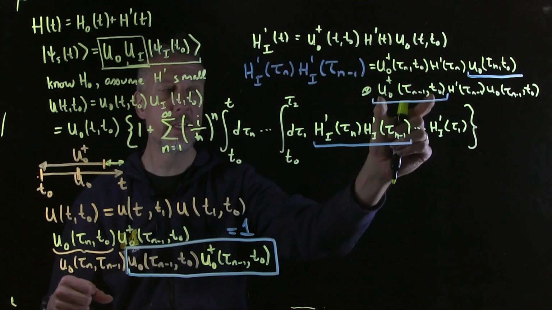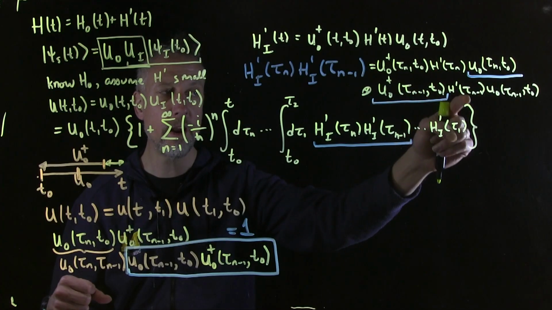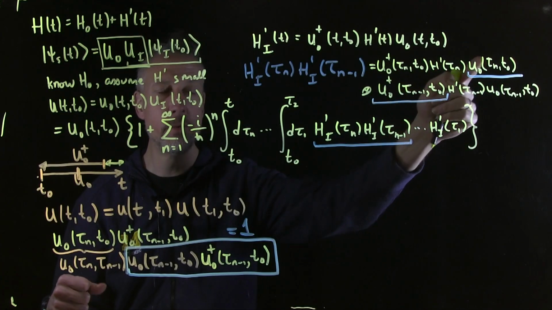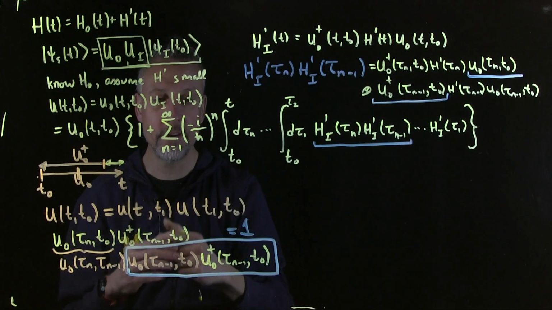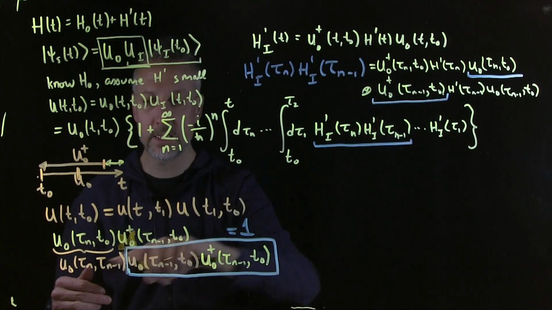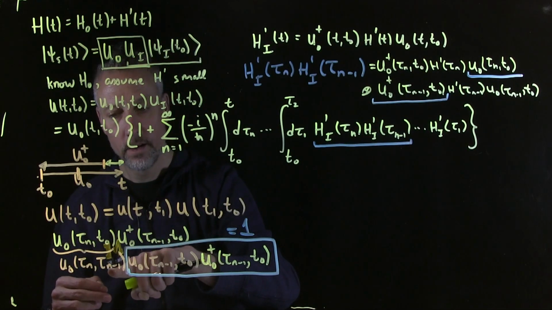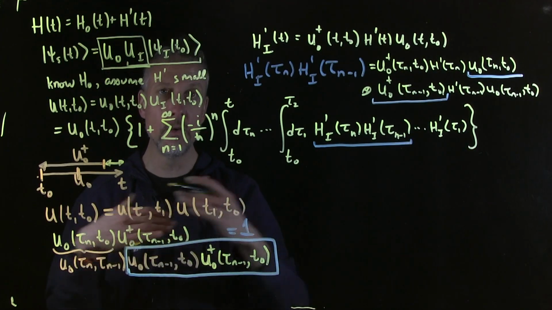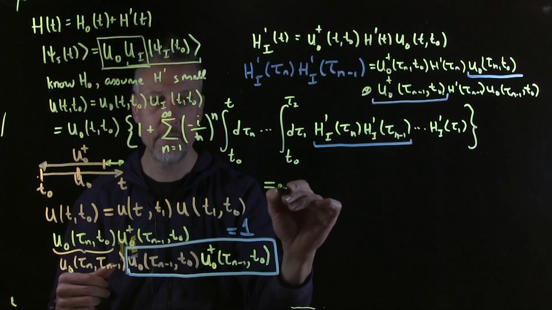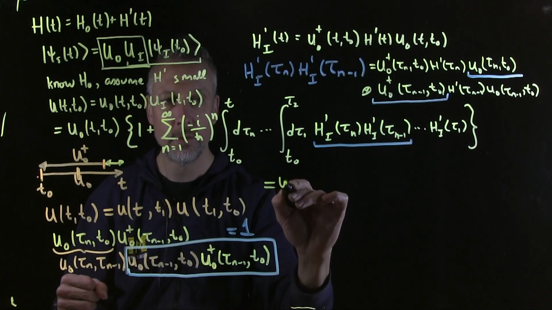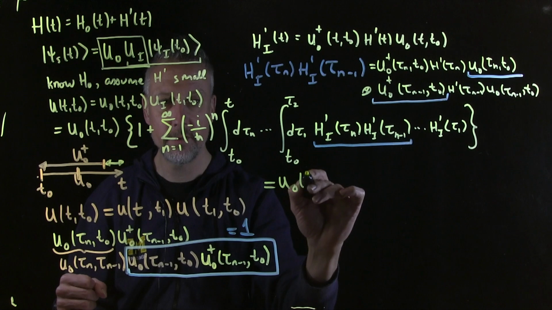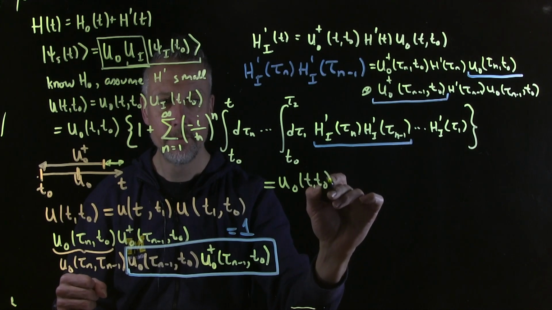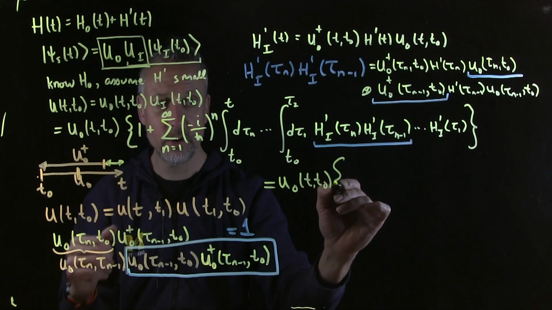Then every single pair of these h primes is going to have a u naught u dagger with a slight time difference, which we can then replace with u naught from the earlier time to the later time. Remember that we know that they're ordered like that because we have this time-ordered exponential operator. So when we do that, we have this remarkably simple formula, and it's easily interpreted right away.